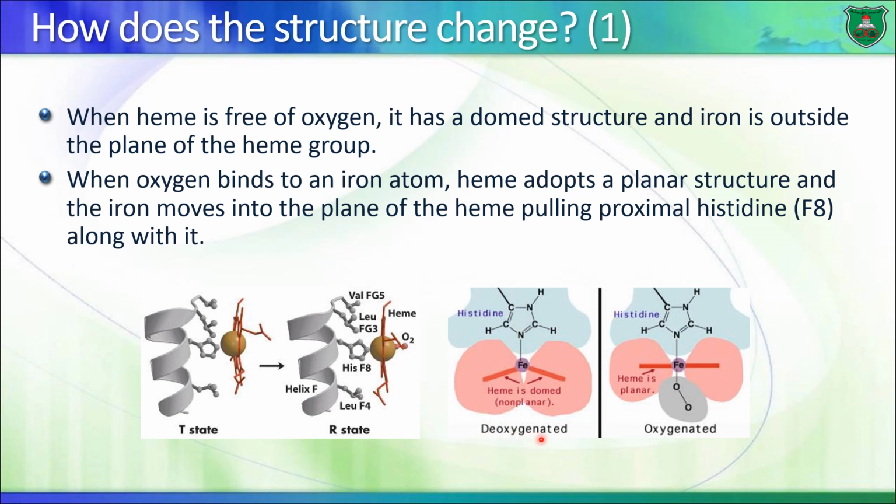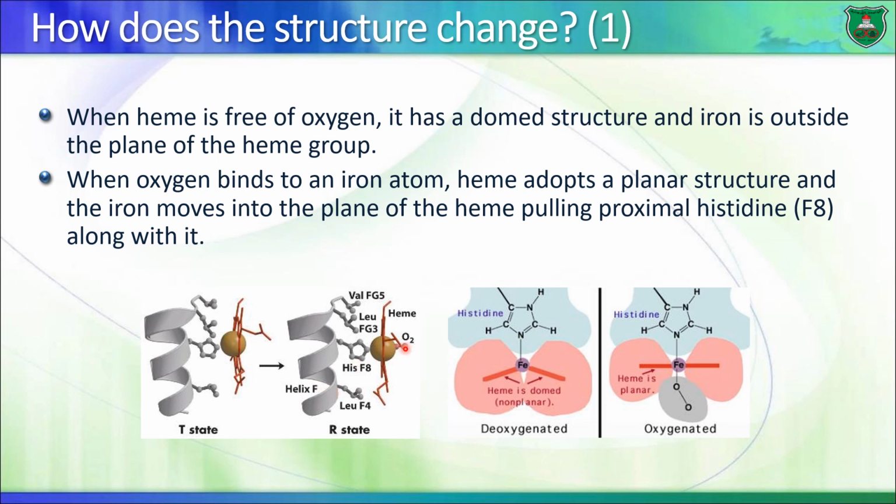Right below, you have the distal histidine. So what happens is oxygen comes in, it binds to iron, and what it does is that it pulls the heme, it makes it straight, and it pulls the histidine along with it. So this histidine, the proximal histidine, is pulled down.